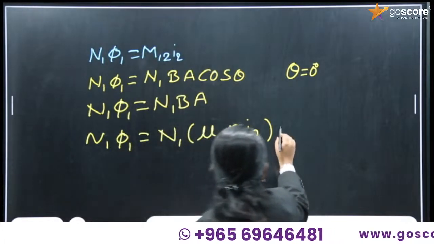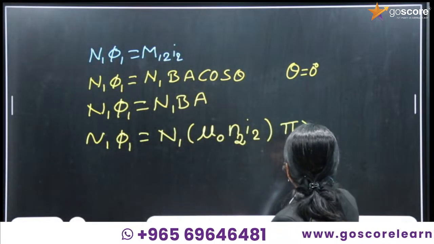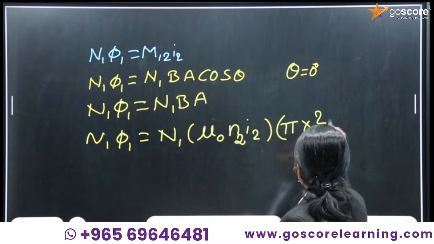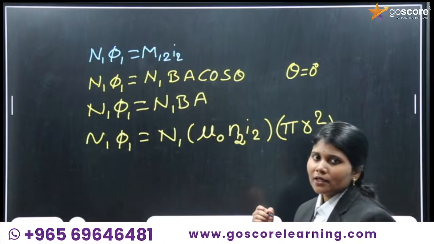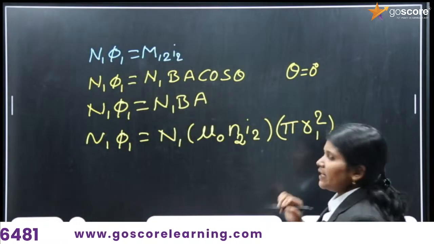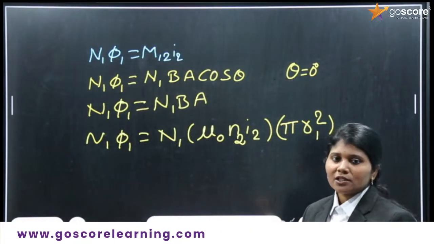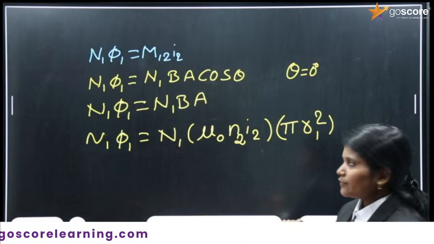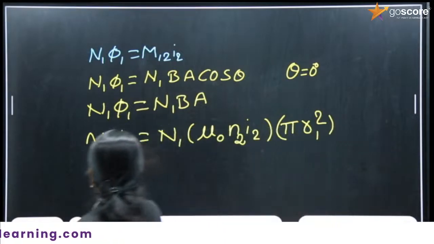What is the area? Pi R square. Here we are considering the area of the solenoid.